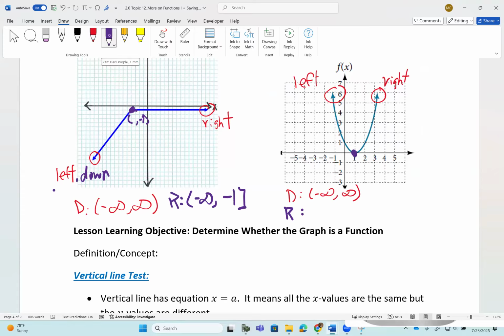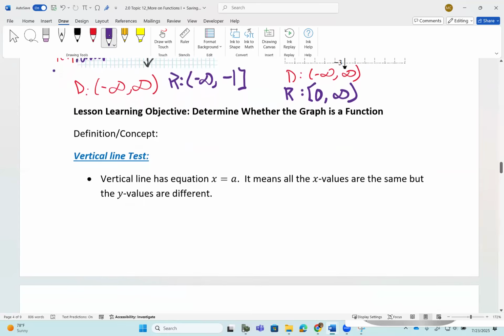At this very bottom point, the y value is actually 0, right? Because on the x-axis, all the y values are 0. So your range from down to up is starting at 0 using a bracket because it's actually on the line, all the way to infinity. Okay, so this is looking at graphs to determine domain and range.